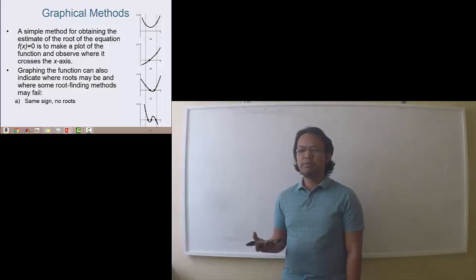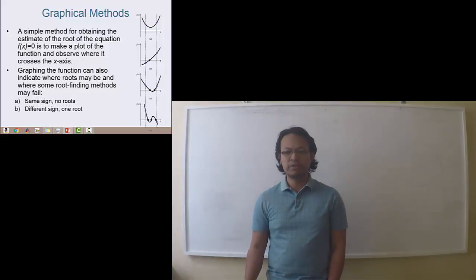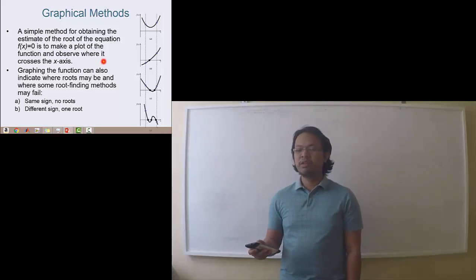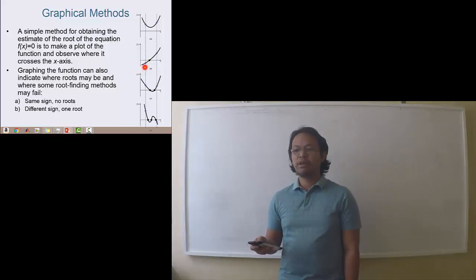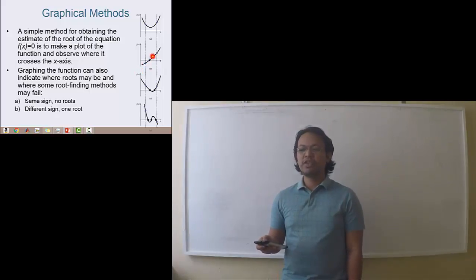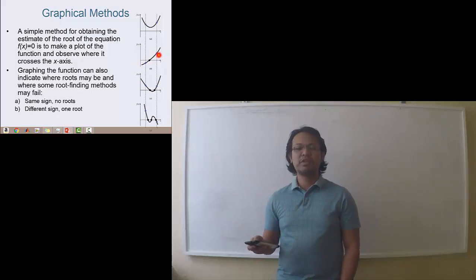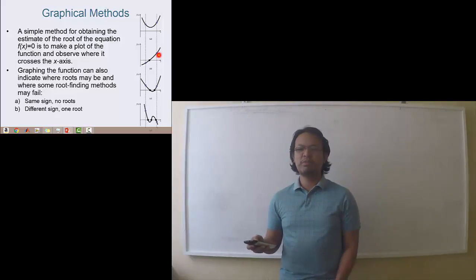Next one is different sign, one root. Most of the time we will do this kind of problem. F of xl is somewhere here, negative, and xu is positive. If there's a different sign, our intuition tells us that there might be one root inside this bracket.